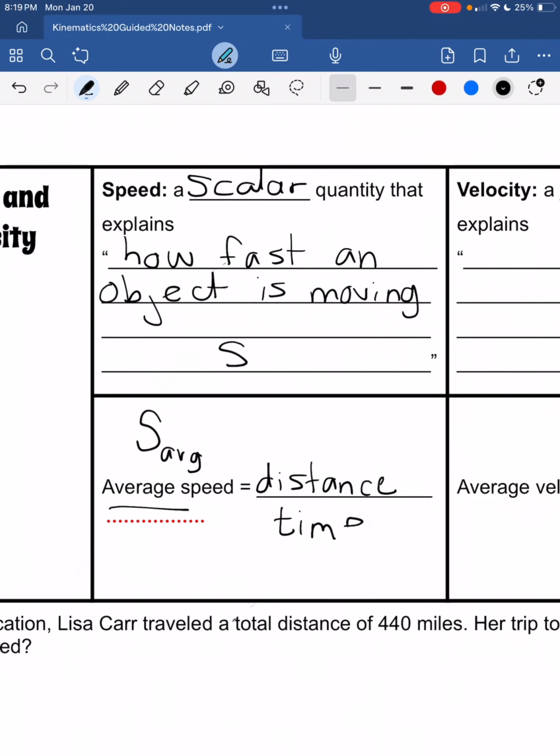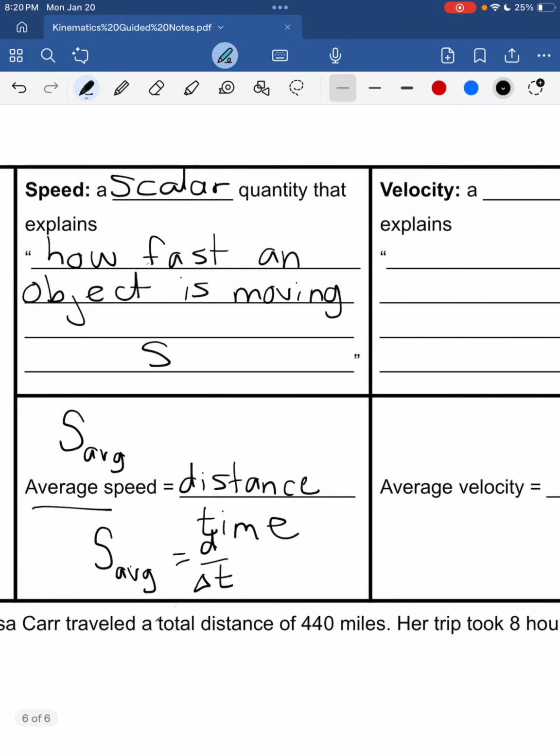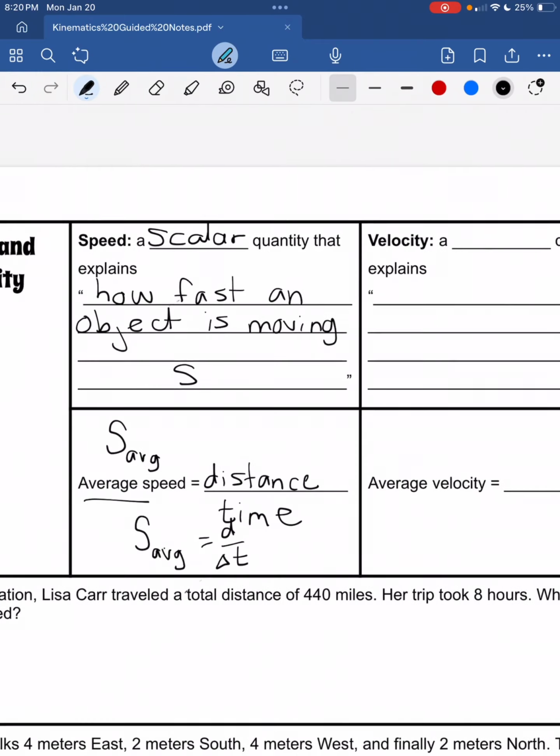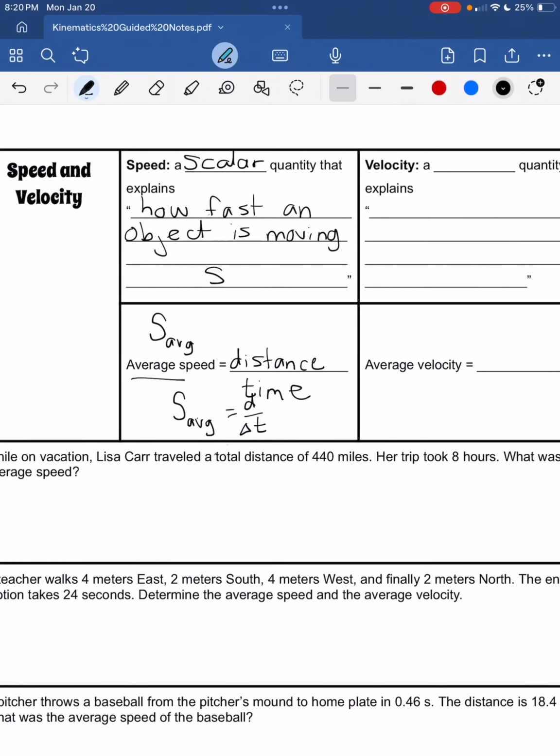So divided by time, and this is really the change in time. So you will see S avg equals d over delta t. Remember, d is distance, and delta t is the time that has elapsed, the change in time, and that delta represents change. Speed equals distance divided by time.